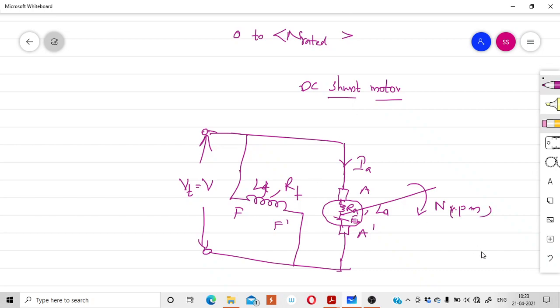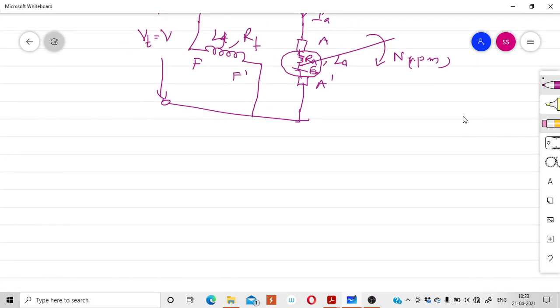So in that case, we have the formula for back EMF. EB is equal to N phi ZP by 60A, where Z is the total number of conductors, P is the total number of poles, N is the speed in RPM, phi is the flux per pole, measured in Weber, and A is the number of parallel paths.